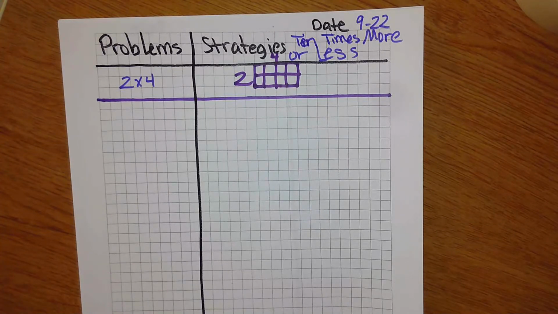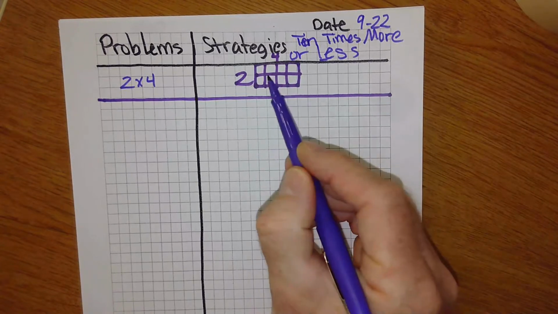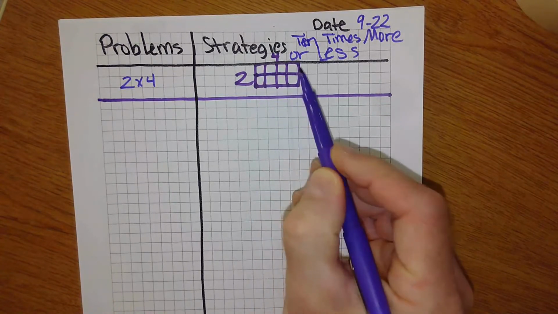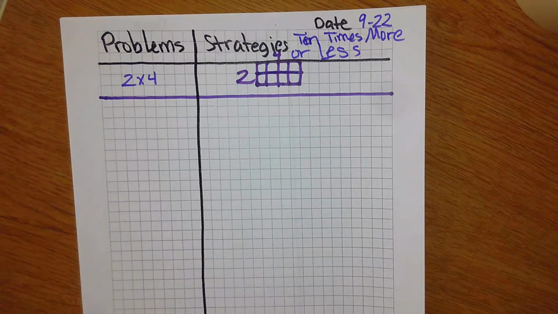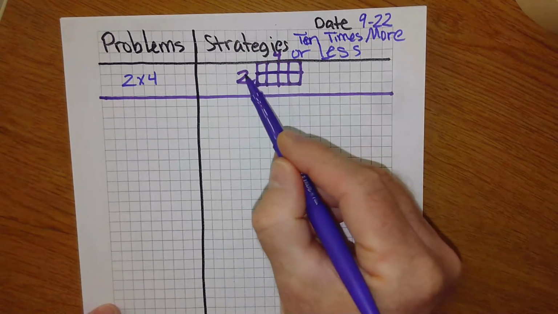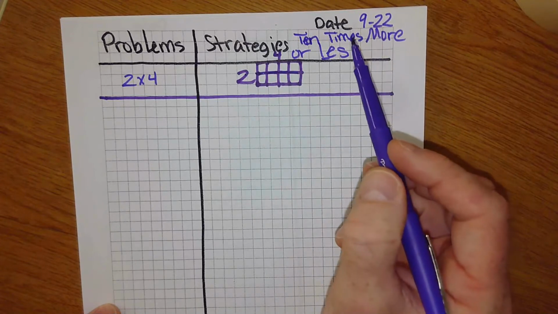This is a closed array. They call it closed, I think, because we have drawn all the rows in and all the columns in, and it looks like all the little squares are closed off and identified. So 2 times 4 is 8, just basic fact knowledge.